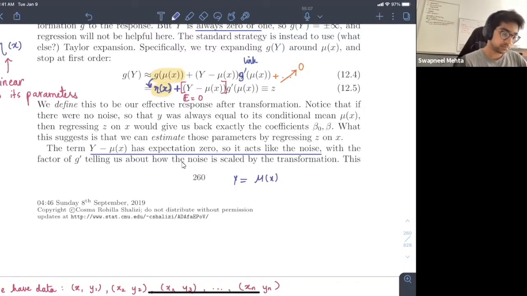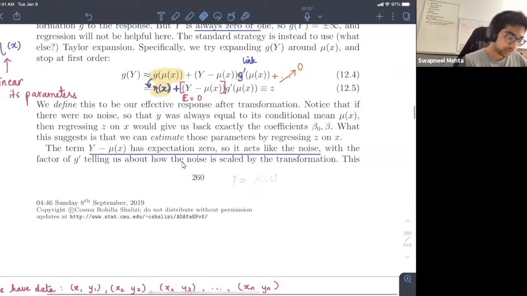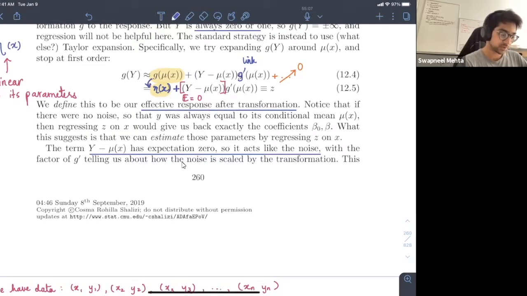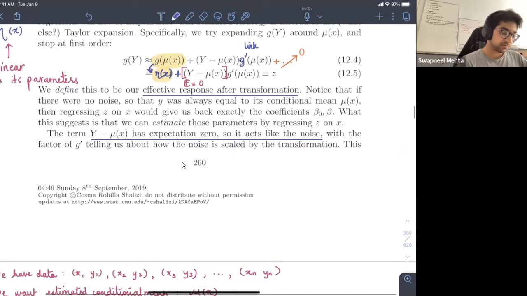So this function, we Taylor expanded it because we were running into these minus infinity and plus infinity errors. We Taylor expanded it, arrived at this formulation z, and we defined this to be our effective response after transformation. And if there was no noise, then regressing this entire term on x would give us back exactly the coefficients beta naught and beta.